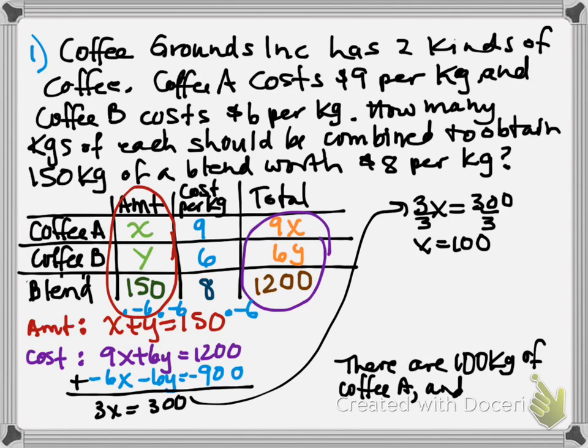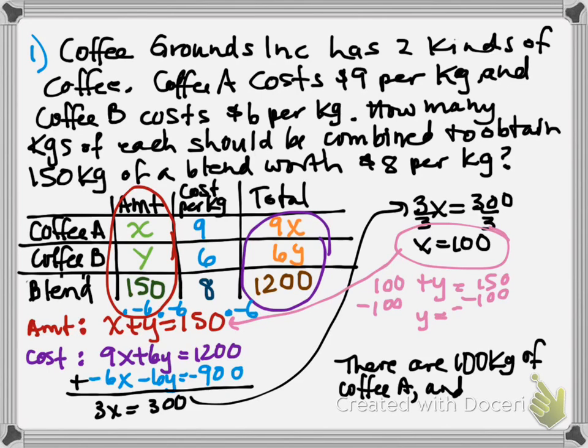Let's figure out the answer to the other one. So now we're going to take this answer, x equals 100, and plug it into either original equation. The first one is the more simple one. So we get 100 plus y equals 150. Let's try this again. Minus 100 from both sides.